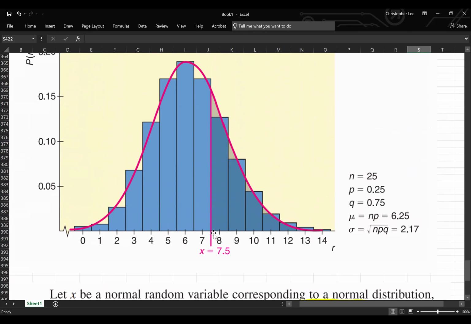So the range here is actually 7.5 all the way up to 8.5, and 8 is in the center of that, right? So that's why we're pulling it back to 7.5 to get all that nice approximated area, right?